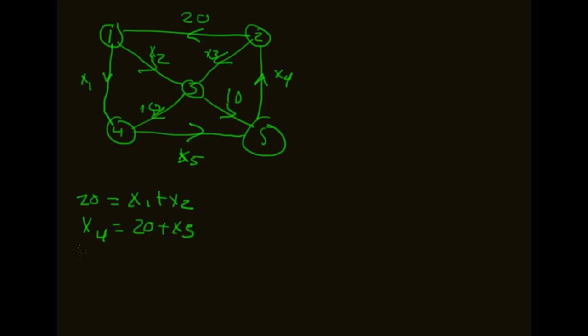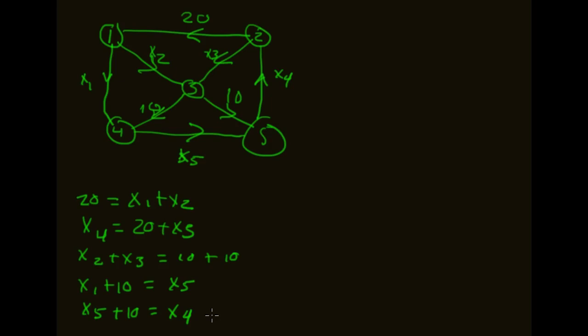At node 3, the weights of x2 plus x3 have to equal the two 10s coming out. At node 4, the x1 and the 10 coming in has to equal the x5 going out. And at node 5, the x5 and the 10 coming in has to equal the x4 coming out.